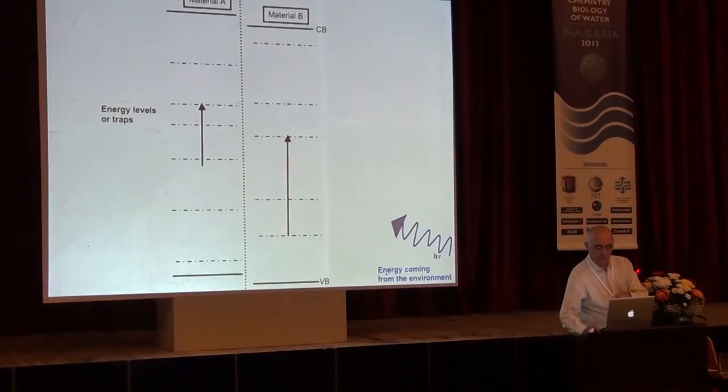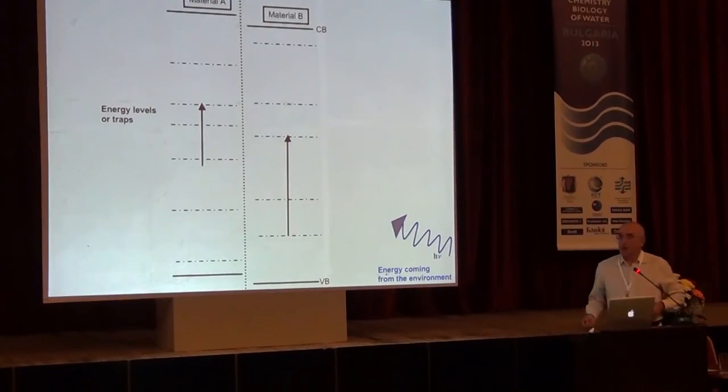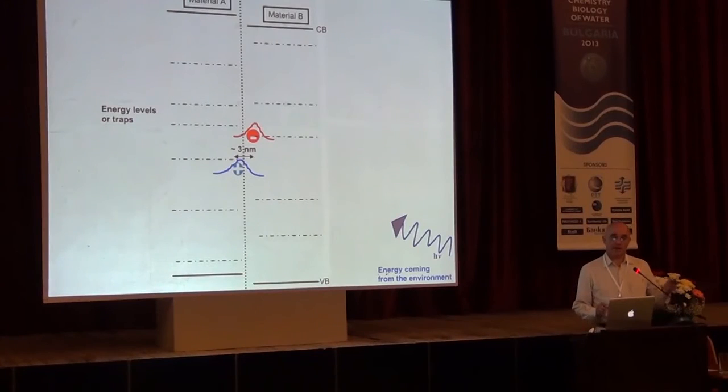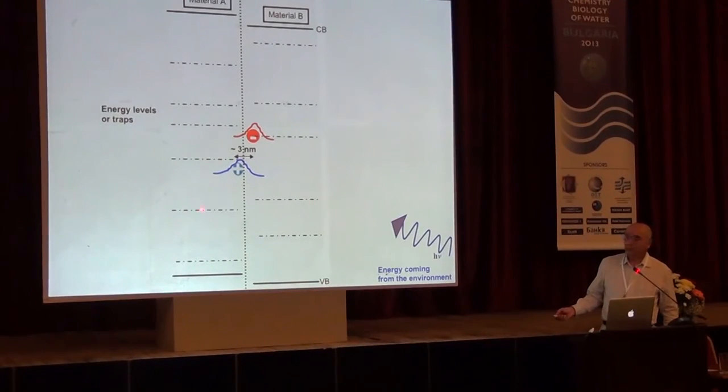I'd like to show this one. When I'm exciting this system here and this system here, some charges come from here to here, from here to here, etc. We have to consider that we can do it differently, because electrons can jump directly from here to here.